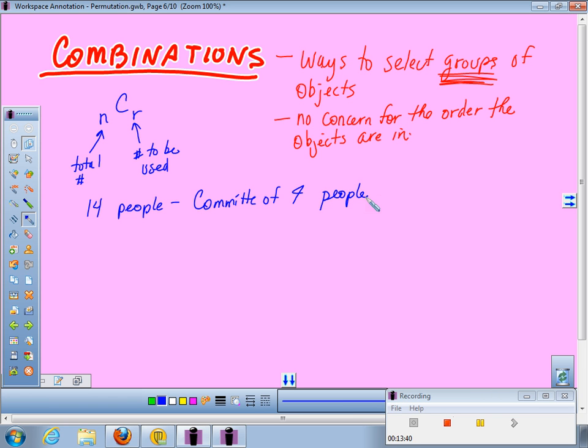How'd you do it? I did the nCr, because she went menu, probability, combinations. And then I did 14, and she got nCr and she did 14, 4. Is she right? Yeah. There are 14 people, she's picking 4 of them, and you got 1,001.